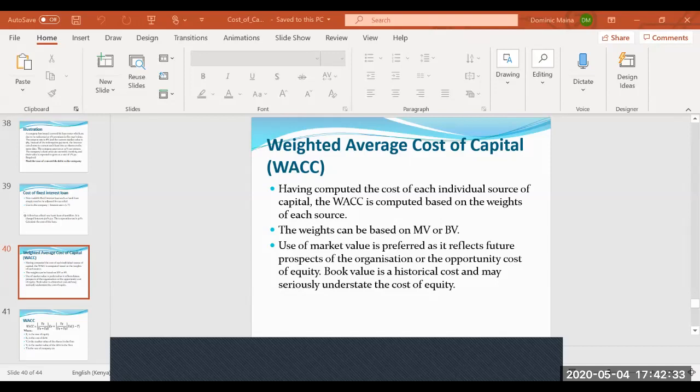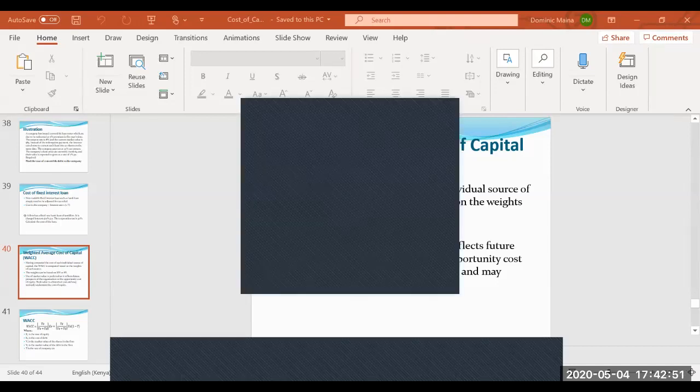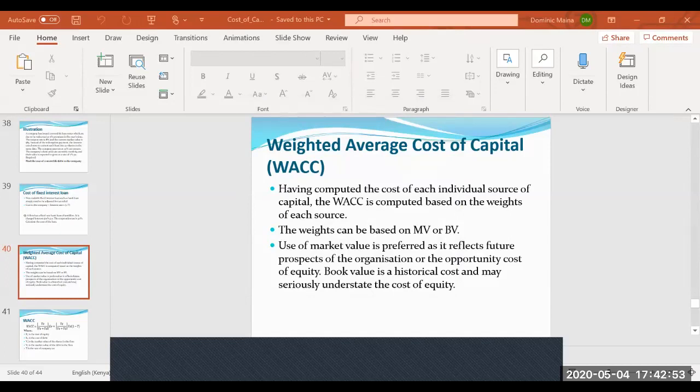Therefore, in that case, what do we use? We use the book values. In the case where it is not possible to estimate the market value of a capital source, we can use the book values. But essentially, we prefer to use the market value as much as possible.